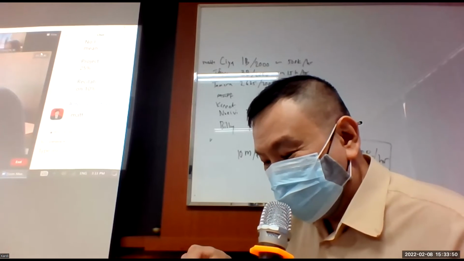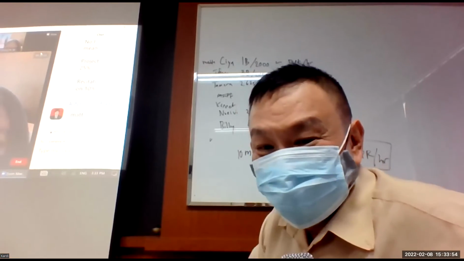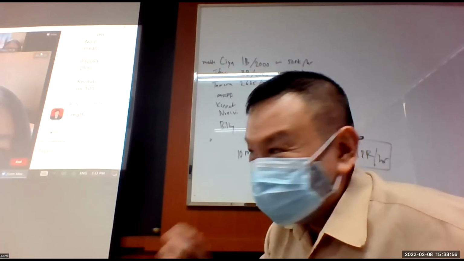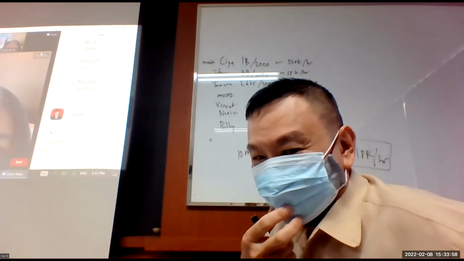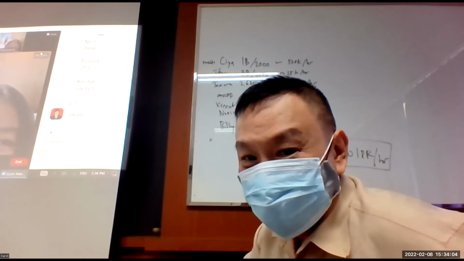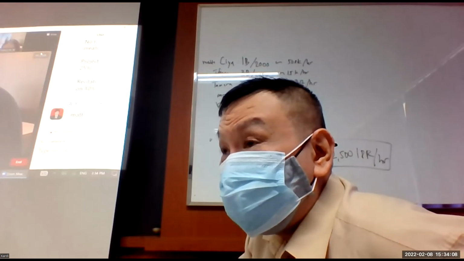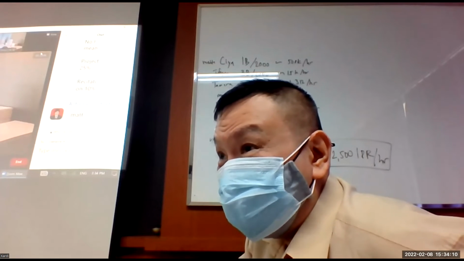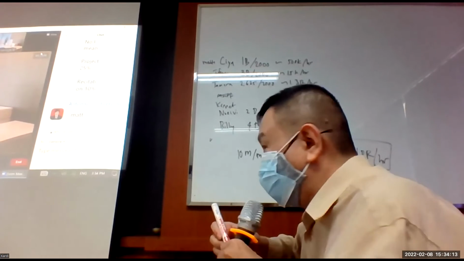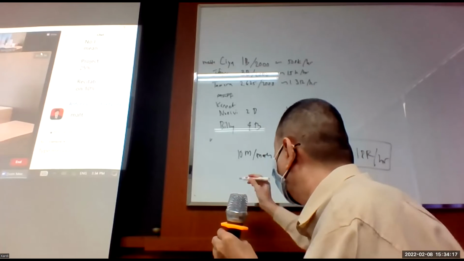So my question to you, how much is the average worker salary in the area? Daily worker, minimum wage. 4 million per month. Okay, let's go. 4 million per month, how much per hour?